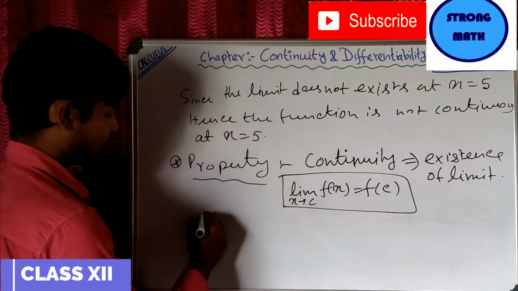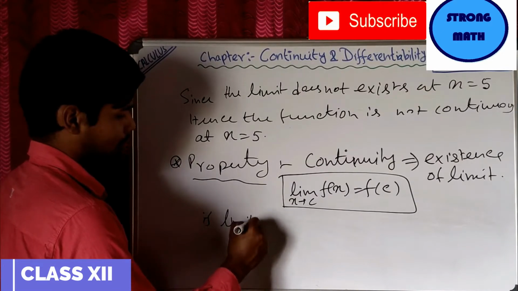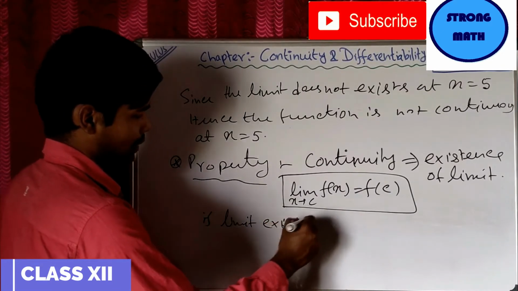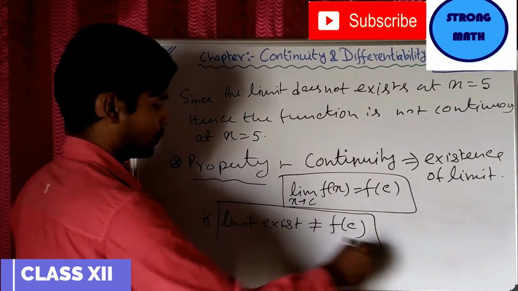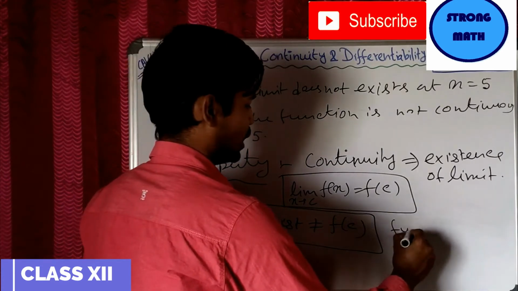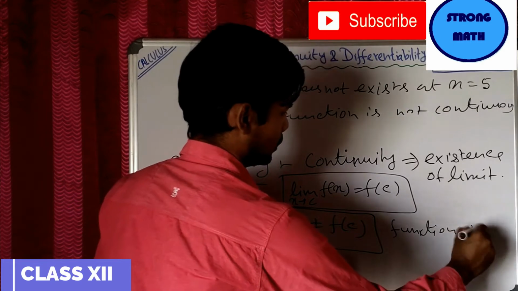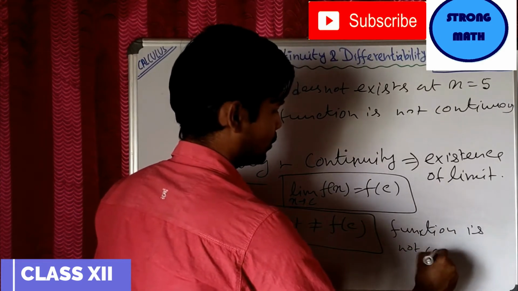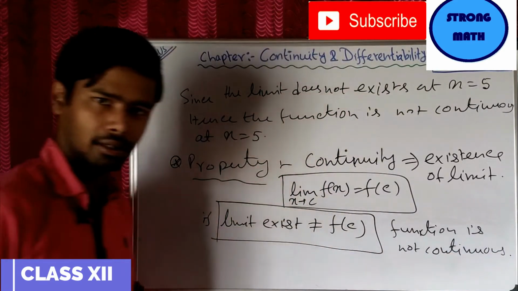But if the limit exists and is not equal to f of c, then what will happen? Then we can say that the function is not continuous, right?